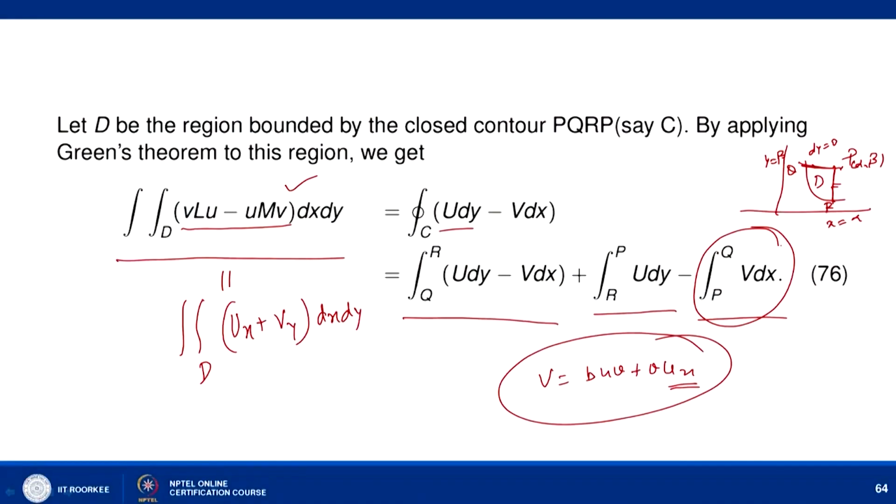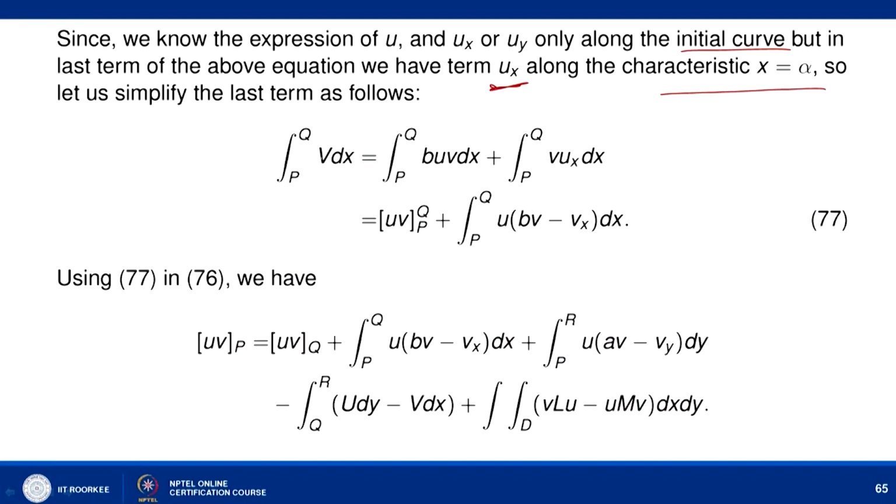So, here we simplify this integral from P to Q of v dx in the following way. Let us say the integral from P to Q of v dx equals the integral from P to Q of buv dx plus vux dx. Now, we can integrate by parts, so that this derivative is shifted onto v, because so far we do not know what v is; we have just taken v as some twice differentiable continuous function, that is all.